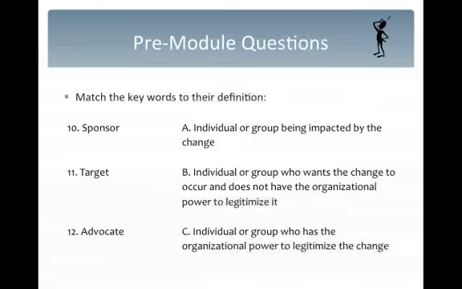Advocate. And the definitions are A. An individual or group being impacted by the change. B. Individual or group who wants the change to occur and does not have the organizational power to legitimize it. And C. The individual or group who has the organizational power to legitimize the change.